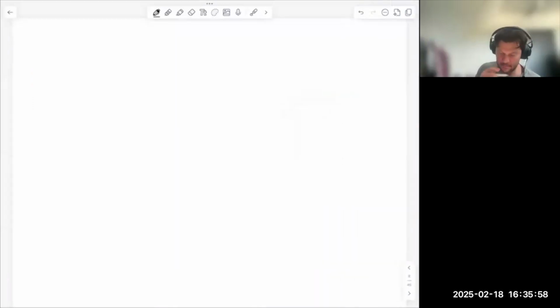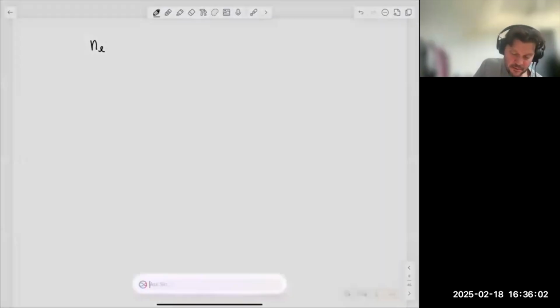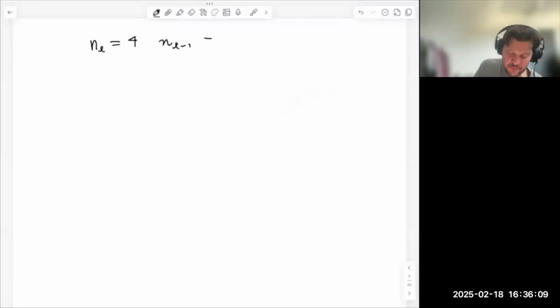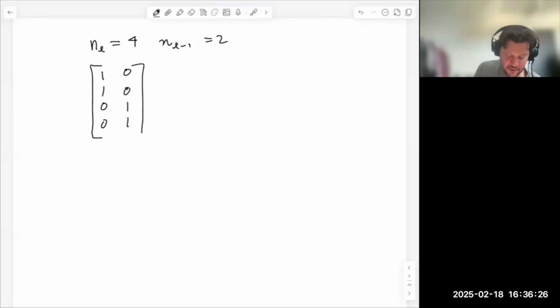Let's say that N_L is equal to 4, N_{L-1} is equal to 2. So what would this look like? We have 4 rows, and we put 1s in the first 2 positions, and we have 2 columns. And so that's what our prolongation matrix is going to look like. In this case, P_{L-1}.